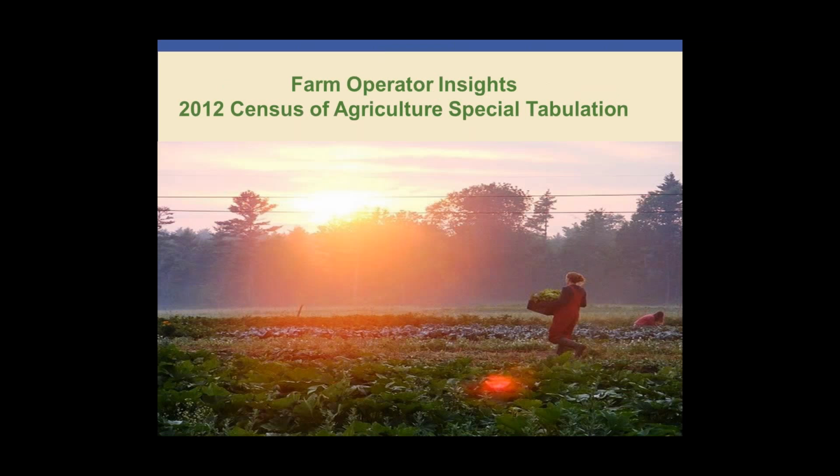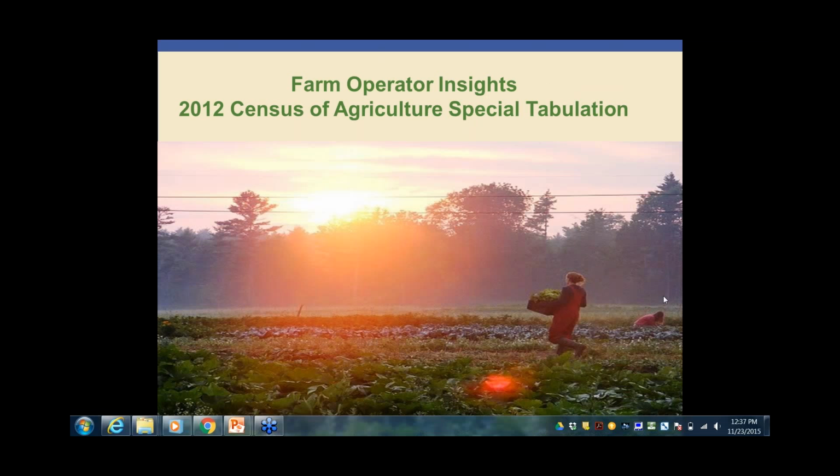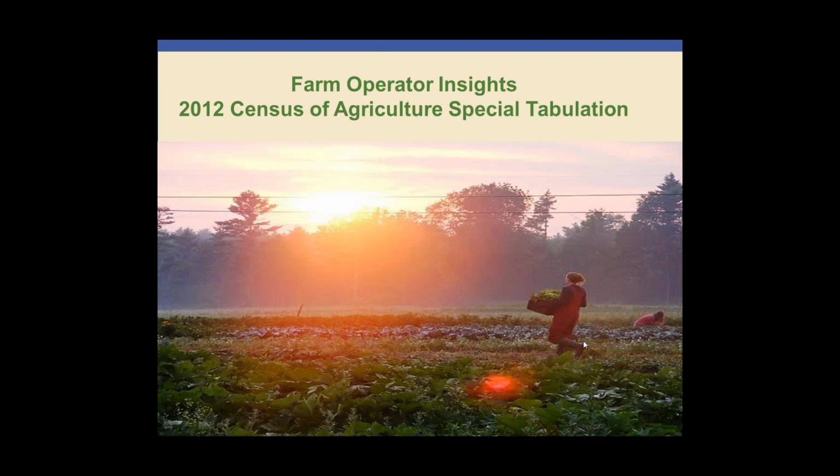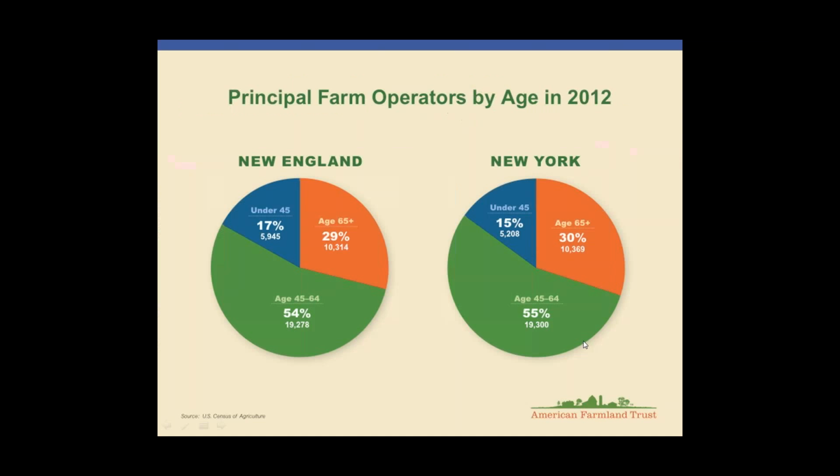So now we're going to turn to some of the insights that we got from our special tabulation. Beginning with, again, let's start by looking at what the principal farm operators by age were in 2012, which we've already seen a little bit of.